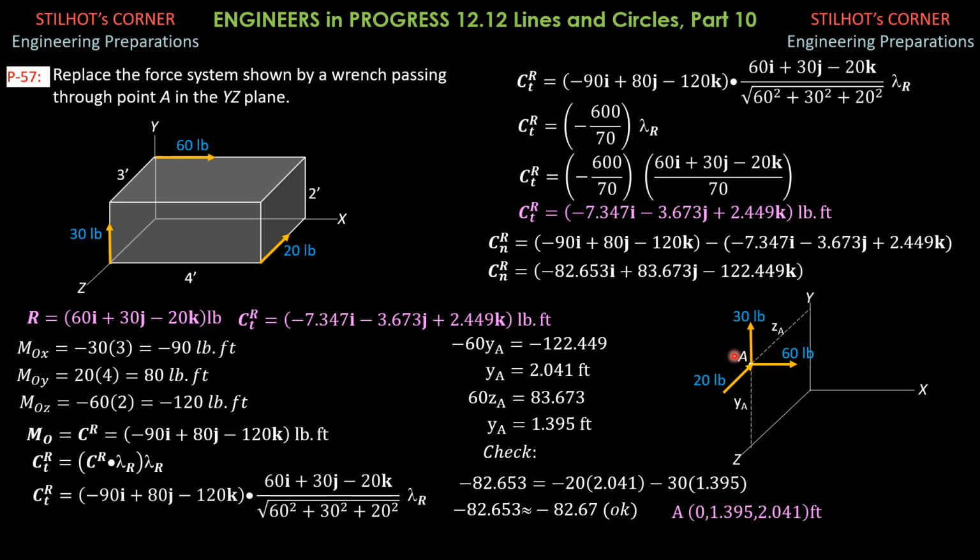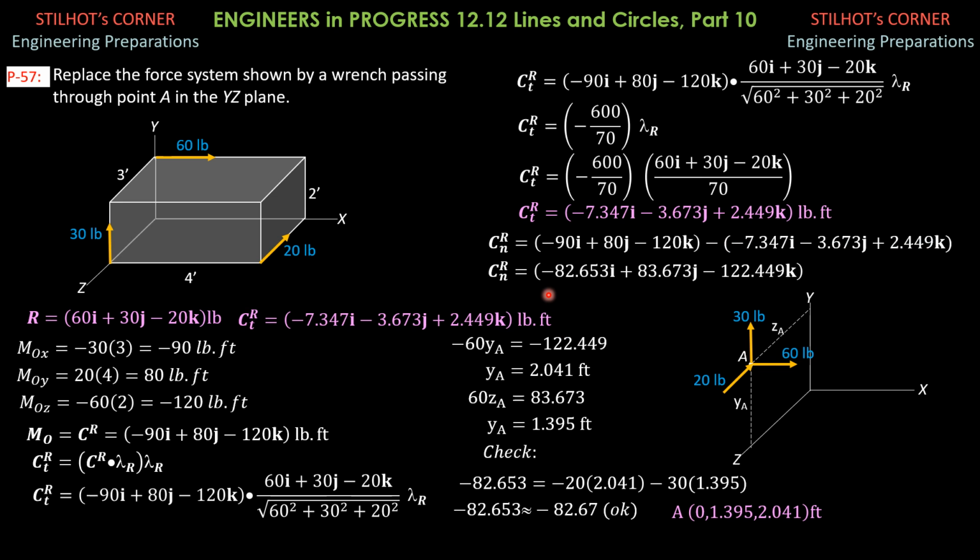But before this, we have to compute the normal component of the couple. The normal component is simply the resultant couple minus the tangential component. Remember, the vector sum of the tangential component plus the normal component is equal to the resultant couple.